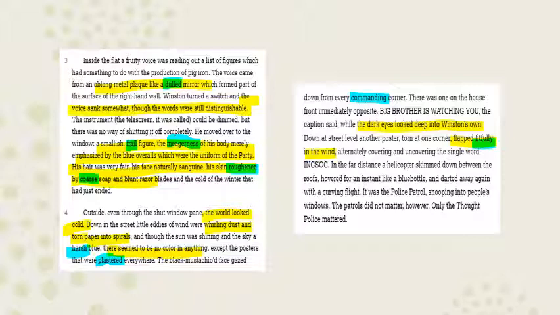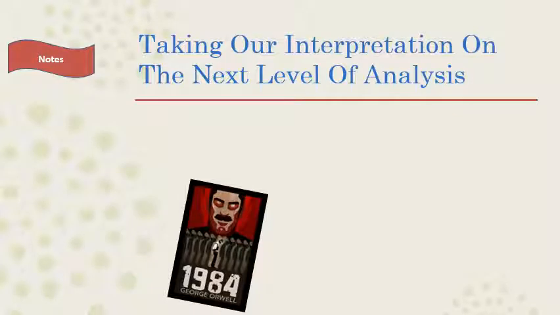So what I'd like to do today is to go back to that work that you've done and to extend it a little bit more, because you can't just say, well, look, I looked at the imagery, I looked at the diction, and I came up with a word, and la-di-da, the end, right? That's not the end of the story. That's not the end of our ability to think about this.